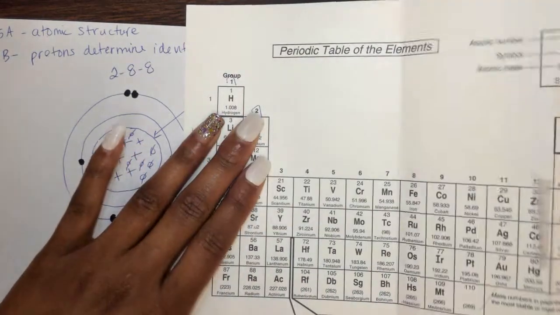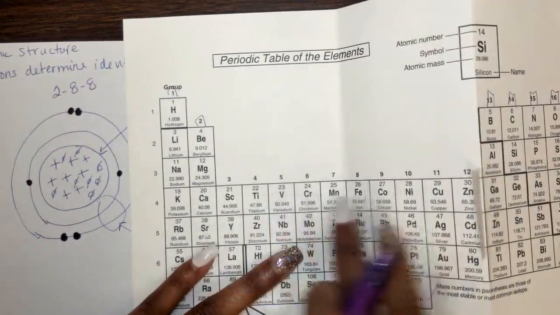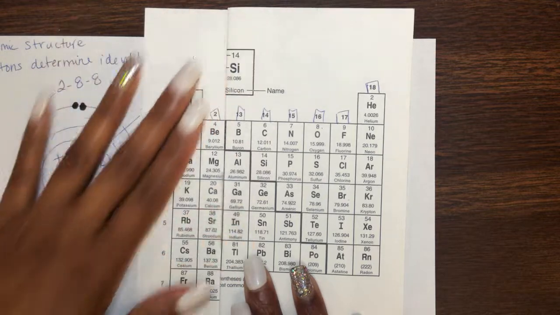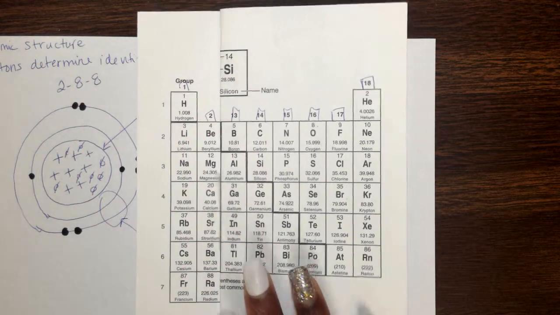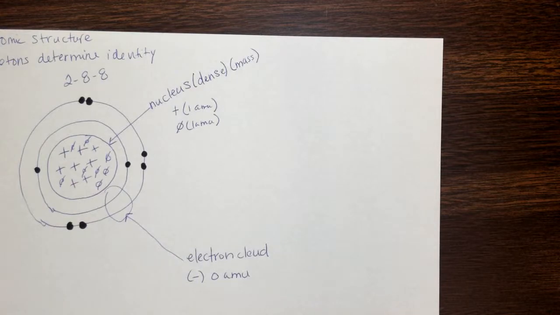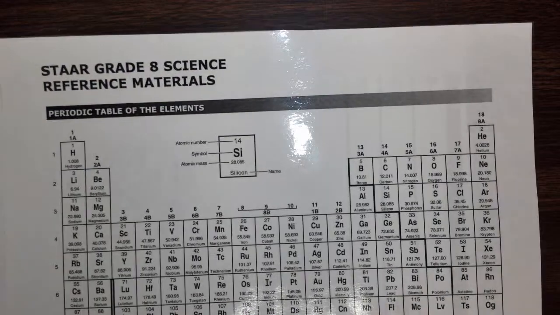And I don't put a box around these because I'm not going to focus on these. Okay? So 1, 2, 3, 4, 5, 6, 7, 8. And the one you're actually going to get on STAAR is right here.